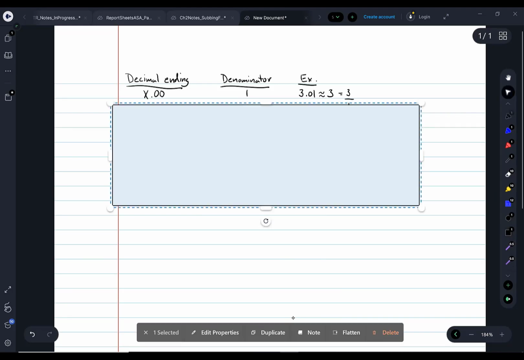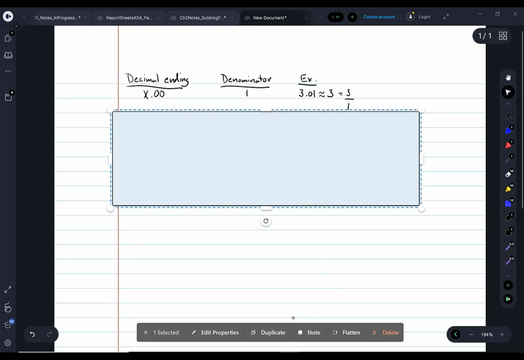So if the denominator is 1, then when you do the mole-to-mole ratio, you'll always get something that's close to a number like x.00. So like 3.01, 3.03, 2.99, 2.97. Those are all very close to 3.00, where x could be any number, okay?